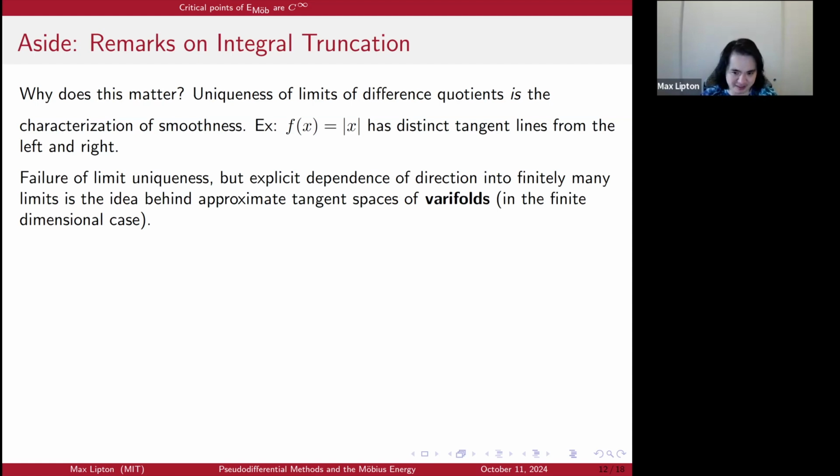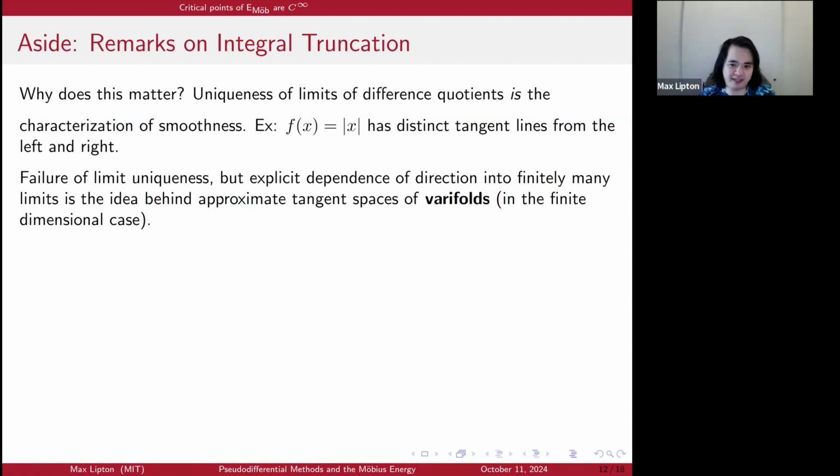This is the main idea behind the approximate tangent spaces of varifolds, at least in the finite dimensional case, which, again, will take us too far afield, but this is when looking at functions on finite dimensional Euclidean space.